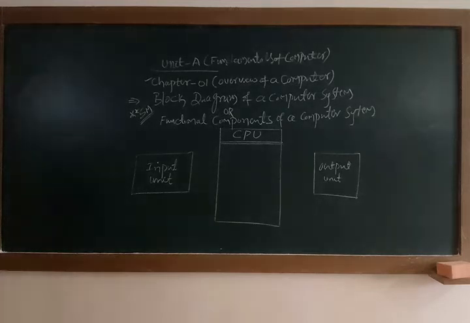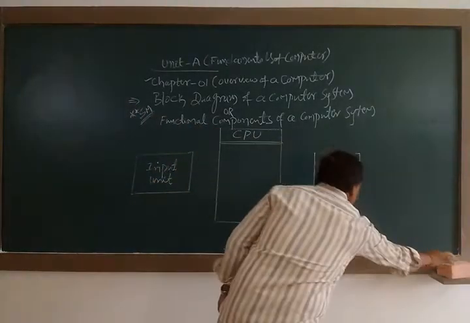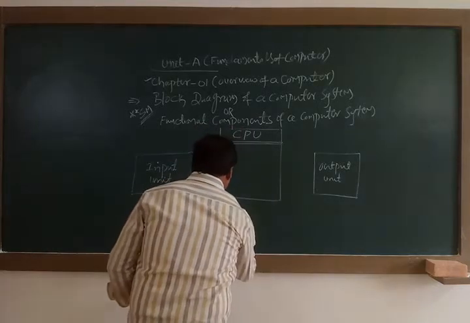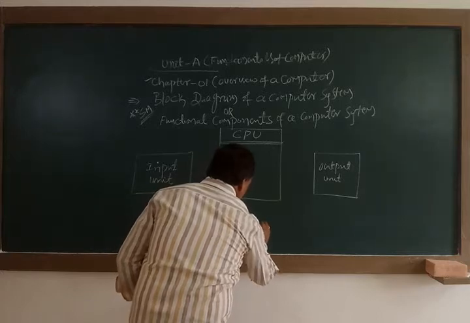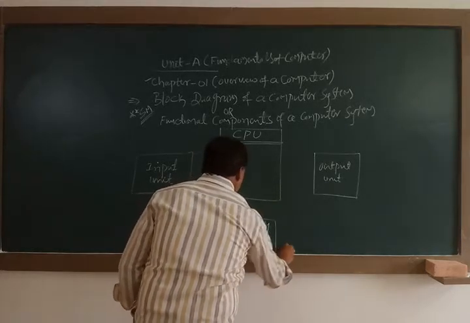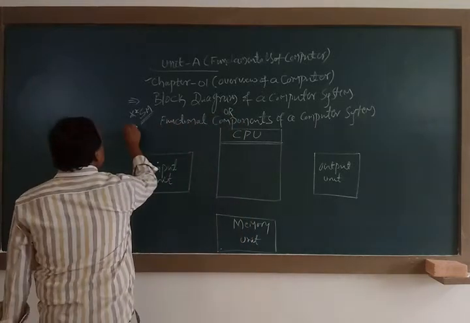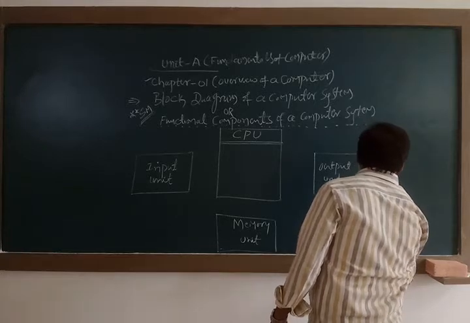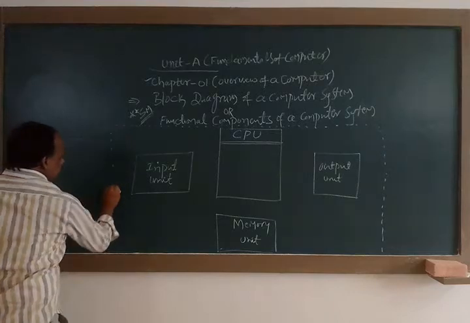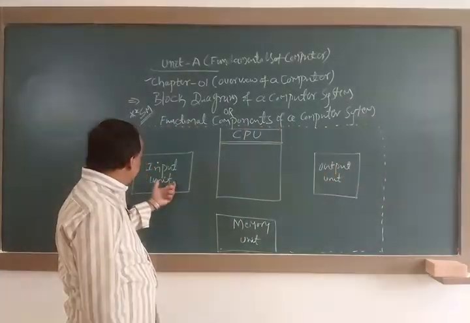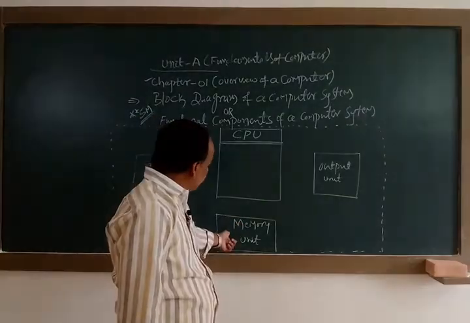And the last unit, that is the fourth unit, memory unit, right? 4 units: input unit, CPU, that is central processing unit, memory unit, output unit.